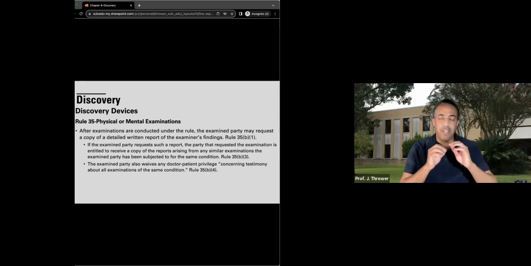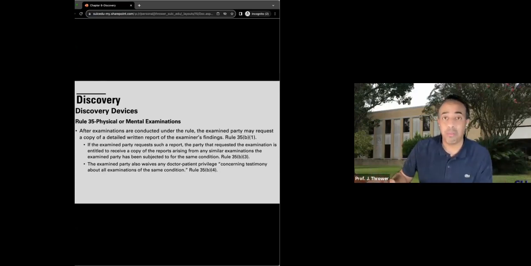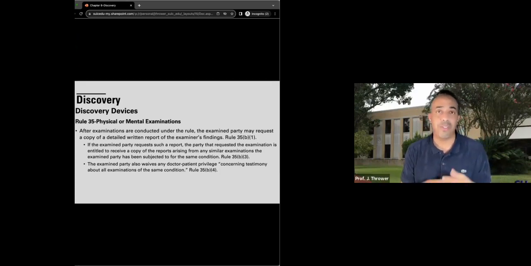So understand, under the rule, what typically happens is once a court order is obtained for the party to undergo a physical or mental evaluation, then the opposing party selects the examiner to conduct the examination. So again, let's say that the party to be examined has suffered a neck injury, and they have a recommendation to undergo surgery from their own treating orthopedic surgeon.